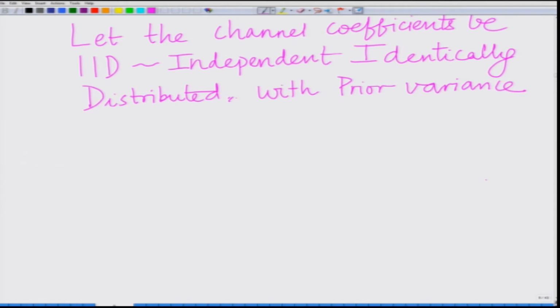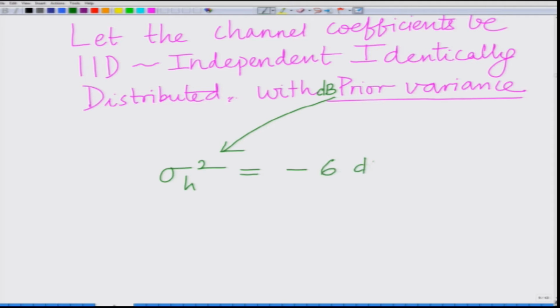We denote this prior variance by sigma h square, and let us say the prior variance in dB is sigma h square equals minus 6 dB.